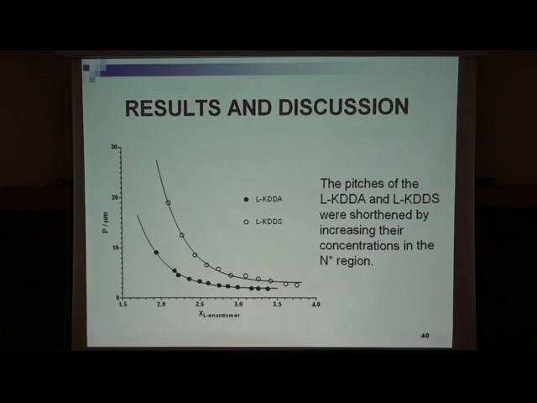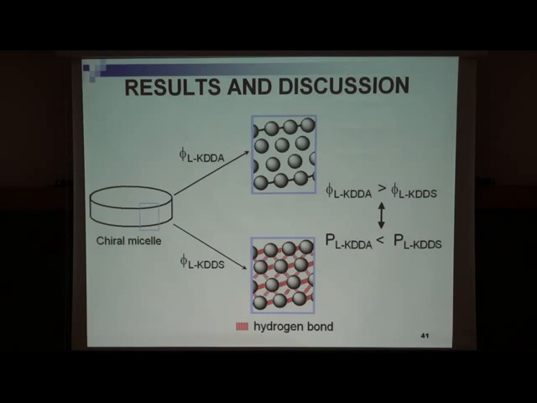Okay, these are the pitch measurements obtained from the laser diffraction method. As you can see, for all enantiomer concentrations, the alanine system has smaller pitch. This means that in the alanine system, micelles are more distorted, as I said before. And this can be explained by the situation in the chiral micelle.